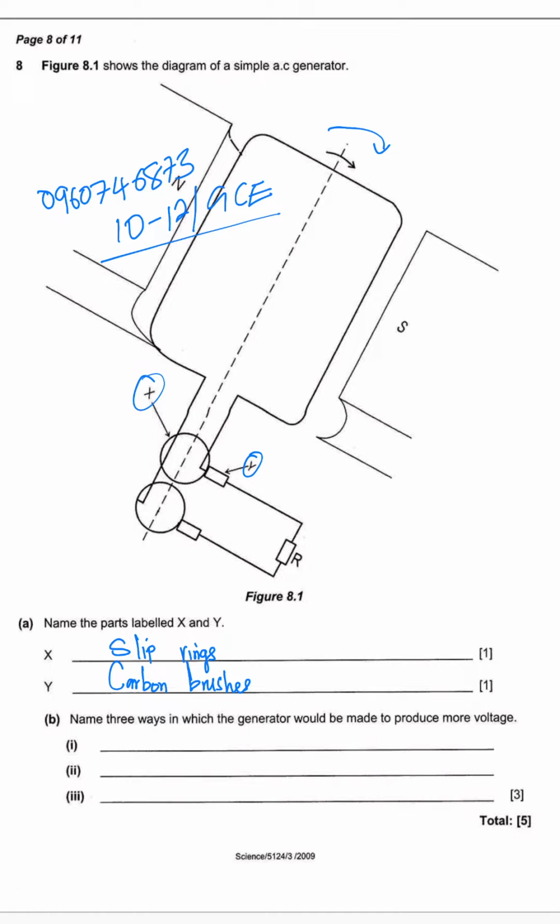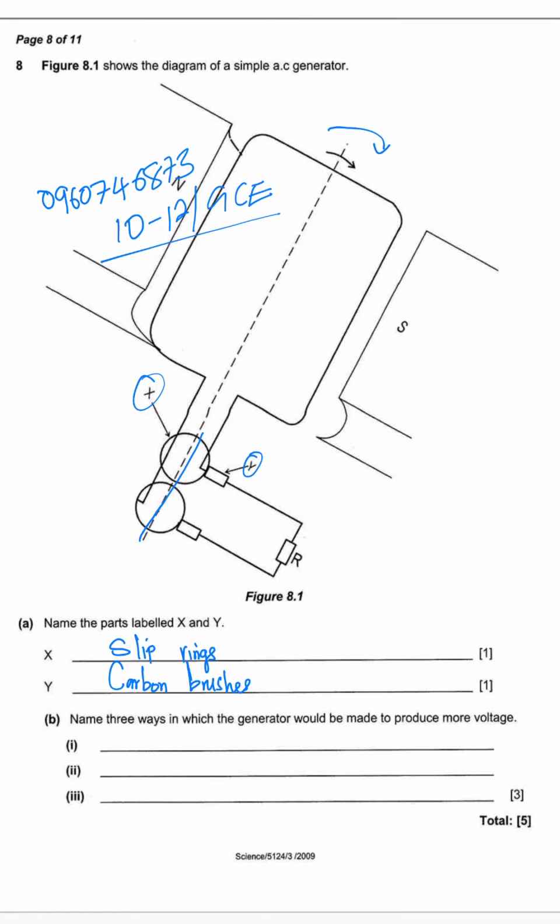So how can we increase the production of voltage in the AC generator? Number 1 is by increasing the speed of rotation of the coil. This is a coil here, the one that you are seeing coming like that. If we increase the speed of rotation of the coil, more magnetic flux is cut.